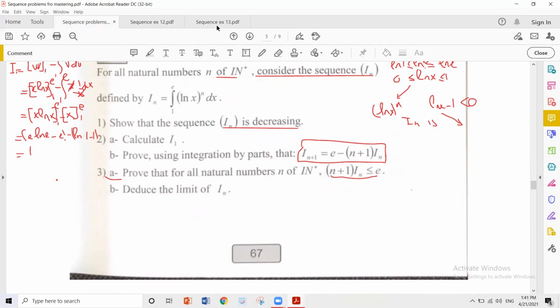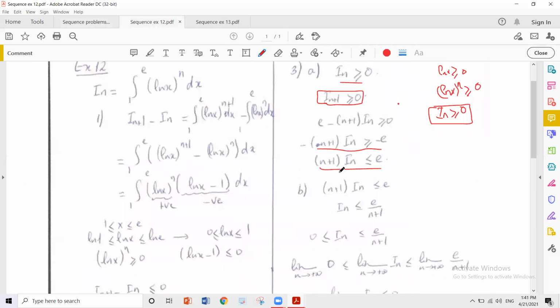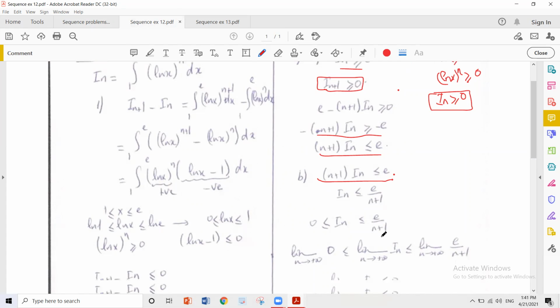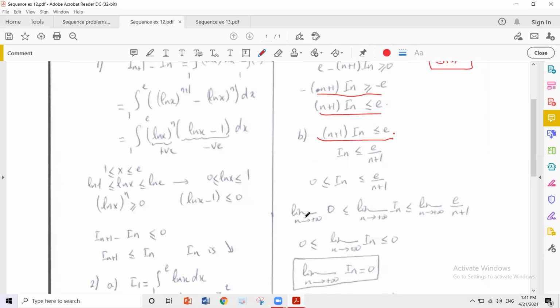Since we proved in the previous part that I_n is less than or equal to e over n plus 1, I_n is between 0 and e over n plus 1. I take the limit as n tends to plus infinity: 0 is less than or equal to the limit of I_n, which is less than or equal to the limit of e over n plus 1, which tends to 0 as n tends to infinity.